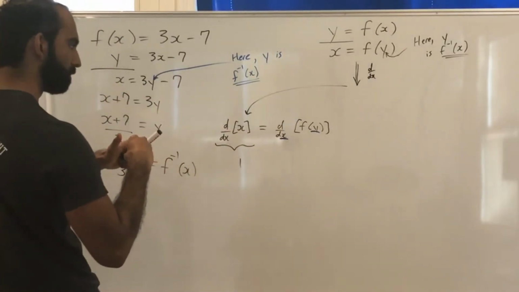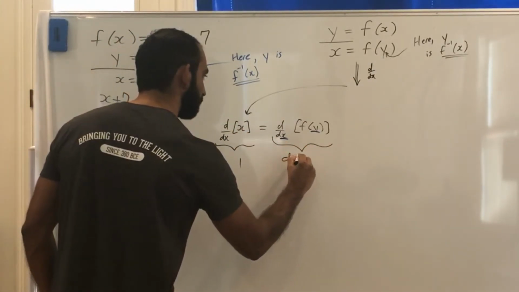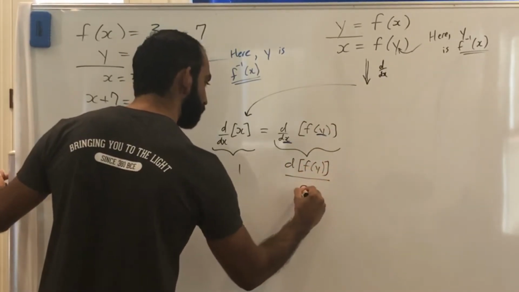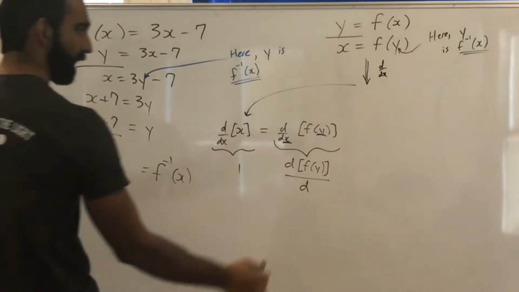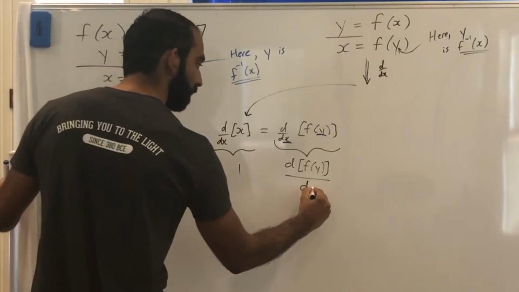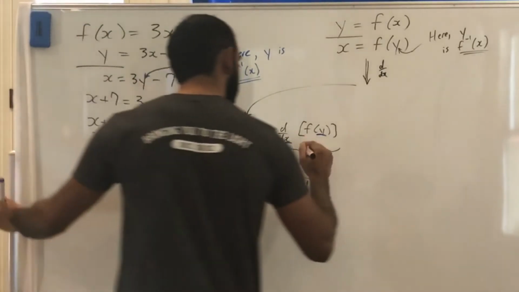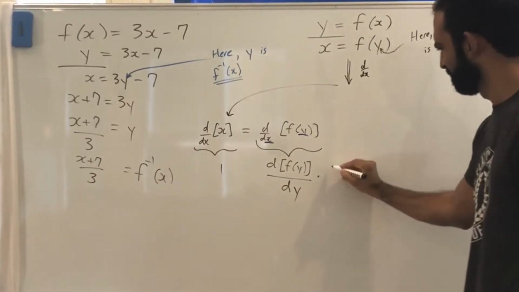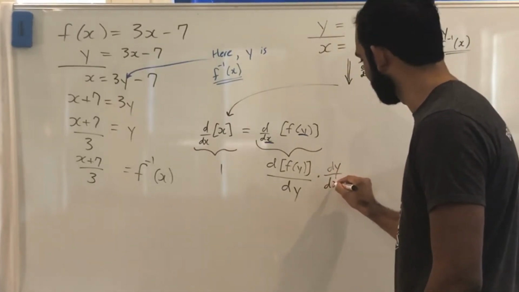You're going to fall back on the chain rule, precisely chain rule. This is the derivative of f of y with respect to what am I going to choose as my natural choice for implicit differentiation? I want them to match. So the derivative with respect to y of f of y times what? Times dy over dx, precisely.